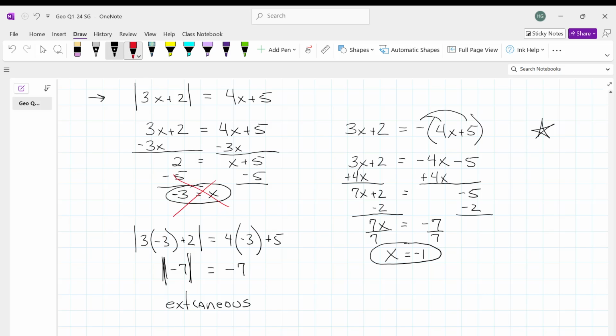Let's check this -1. We're going to take the absolute value of 3 times -1 plus 2 and see if it's equal to 4 times -1 plus 5.